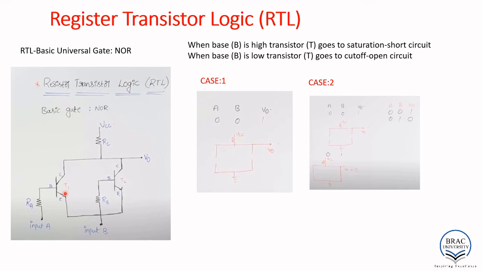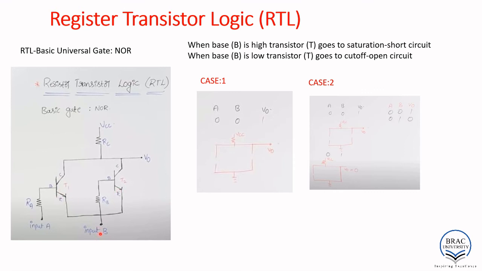Okay, so let's consider a couple of cases. Our inputs are A and B and the output is V naught. In the first case, input A is 0, so the base is low, and transistor T is cut off, so this is open.